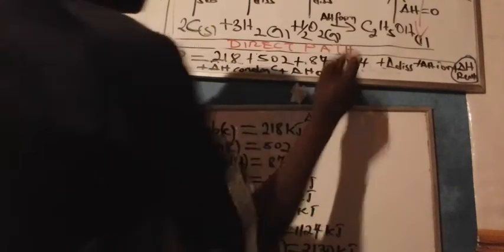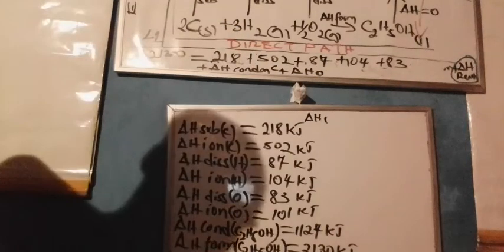Ionization of hydrogen is 104. Dissociation of oxygen is 83 kilojoules. Ionization of oxygen is 101. And delta H reaction is unknown.